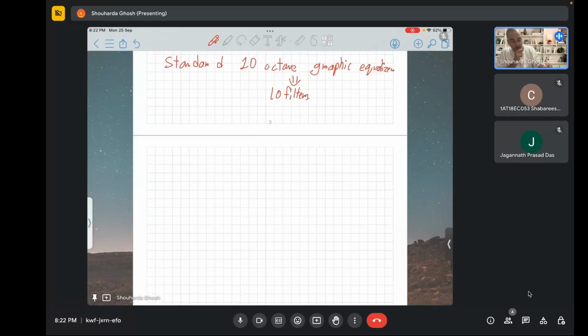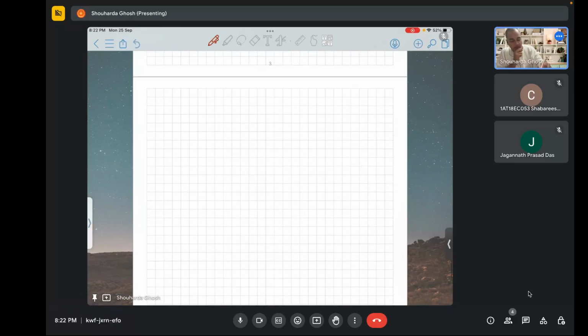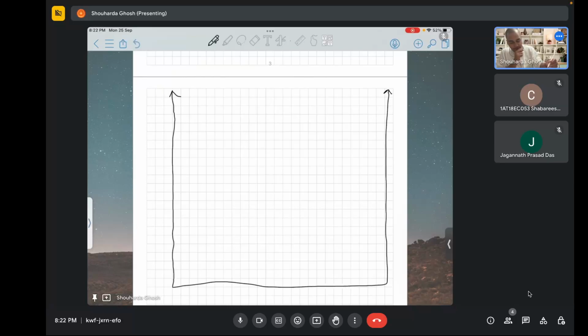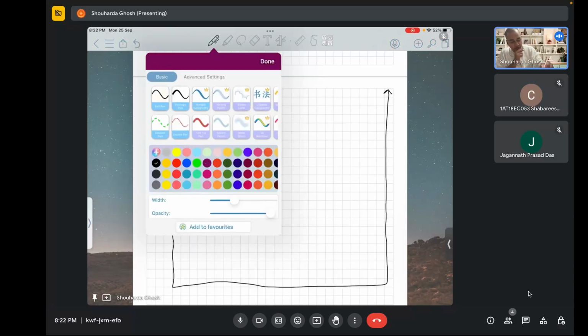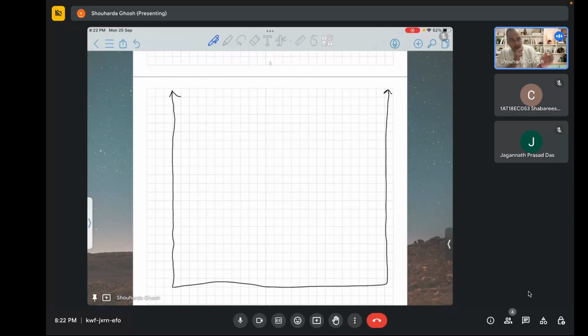And now let me show how the filter response actually looks individually. The first filter h1 of z, which is to the extreme left, will be a low pass filter.